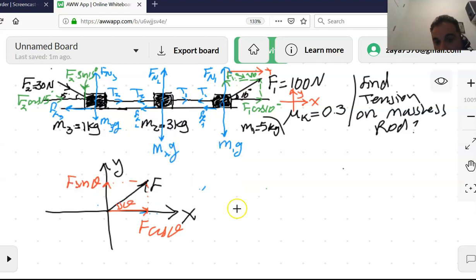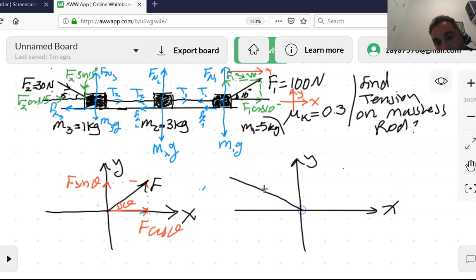Now, if I have a y-axis and x-axis like this and I push, here your force is down. Therefore my components will be like this. Pay attention. Look at this arrow, look at this arrow.